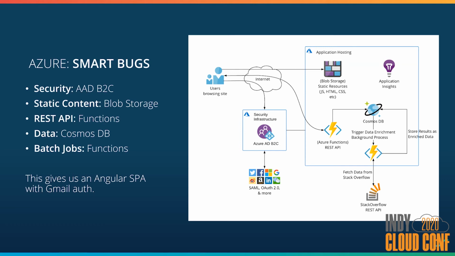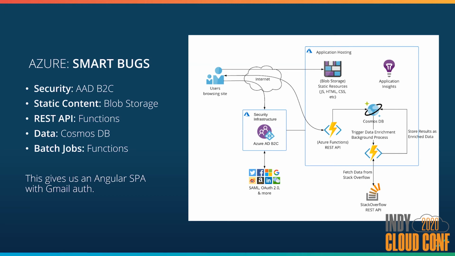And as I build these functions, I'm really building the REST API that the Angular SPA is going to be referring to and utilizing. These functions will then store the data in this system called Cosmos. This is the serverless database platform in Azure. And once that data is stored, our REST endpoint would then come back and give the response to the user.